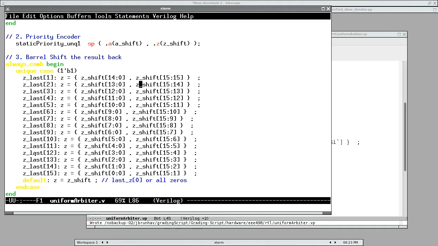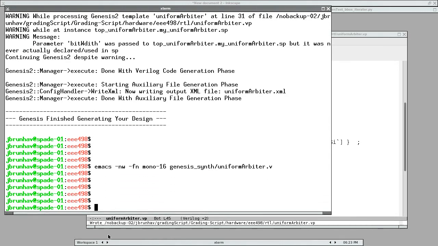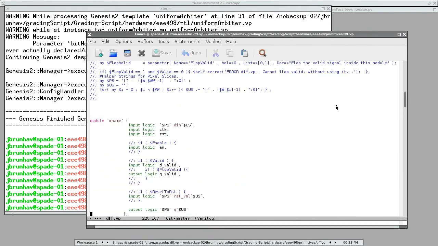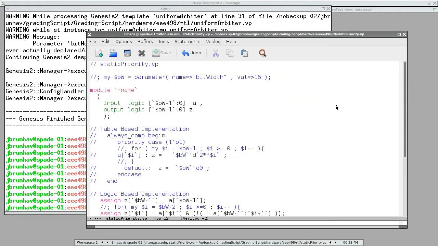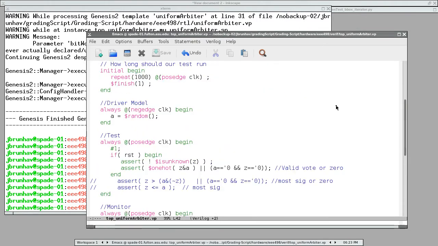All right, does this make sense? Well, we'll see. All right, so let's double check our top uniform arbiter to make sure that it's doing something sane.